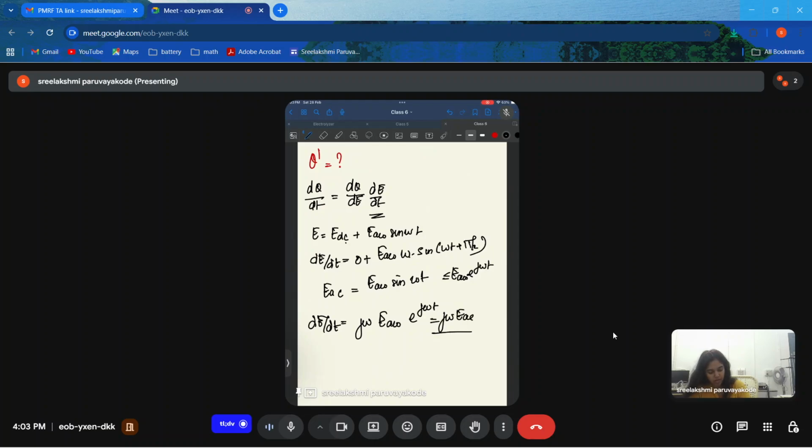The idea is either you can express it like this or you can also express it like this. It depends on the way. Here I wanted something in this form because it's easy for substitution. If I substitute it back in ∂theta/∂t, it becomes theta dash j omega EAC, right?